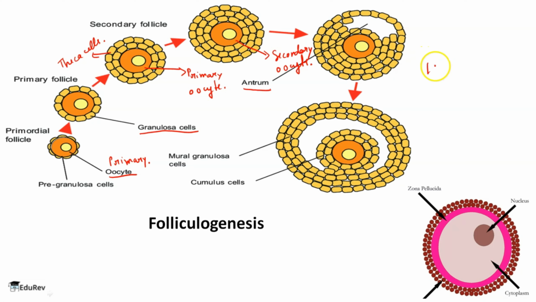We have only primary oocytes and secondary oocytes. There is no tertiary oocyte, there is no concept of a tertiary oocyte. So this is our tertiary follicle.